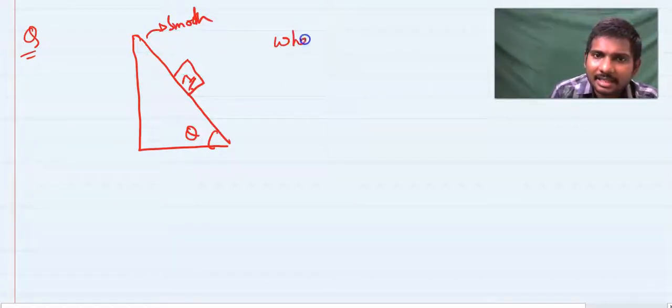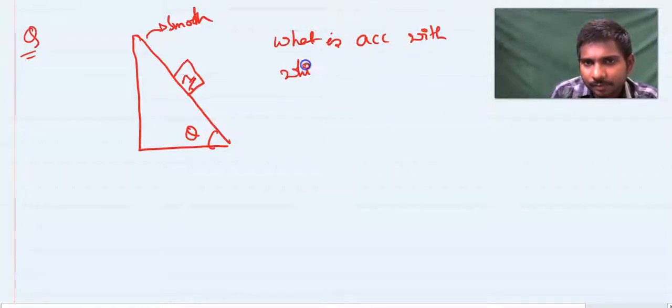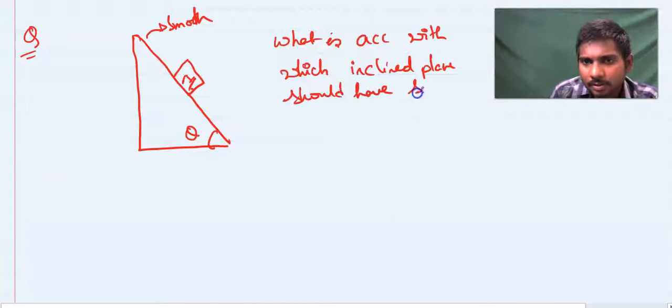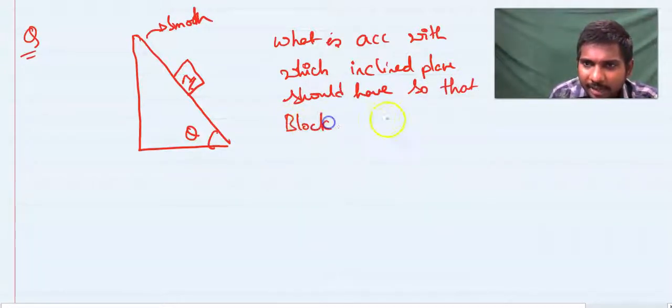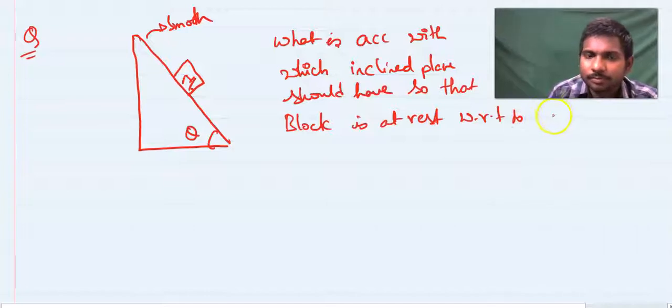What is the acceleration with which the inclined plane should move, so that the block, carefully listen to this question, block is at rest with respect to the inclined plane?